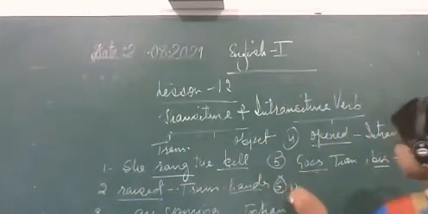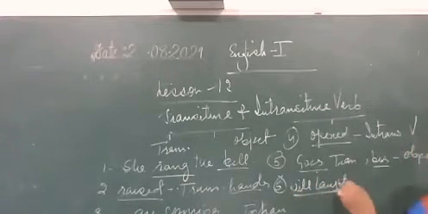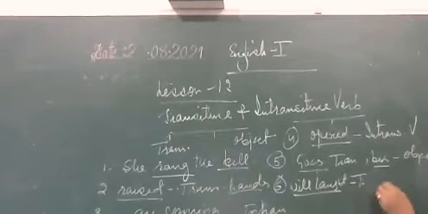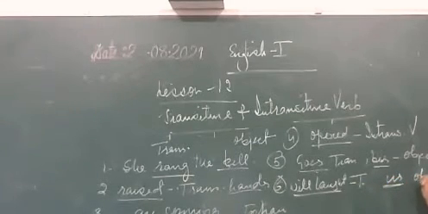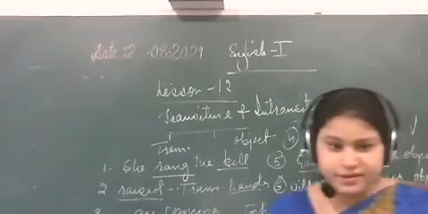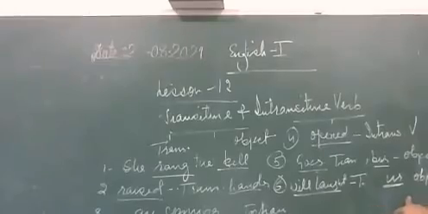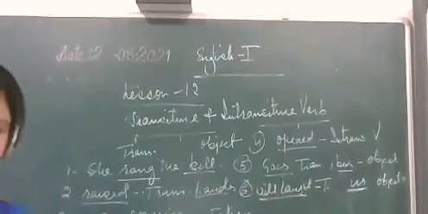So will laugh will be transitive and us will be object. Will laugh is a transitive verb, that is T for transitive verb. Clear? I hope that the board is visible to everybody.